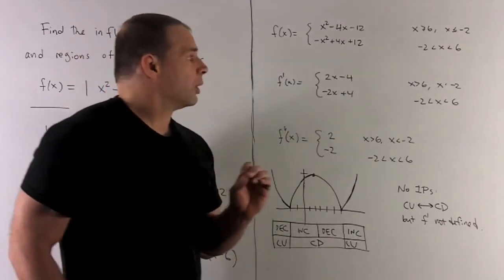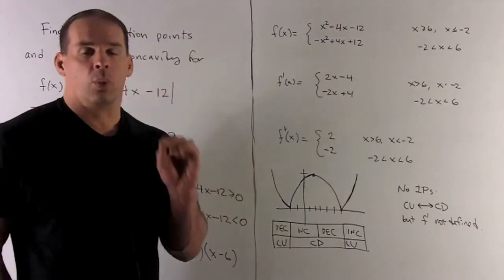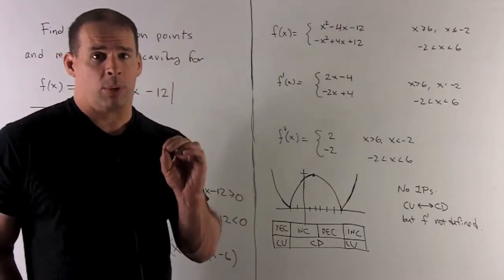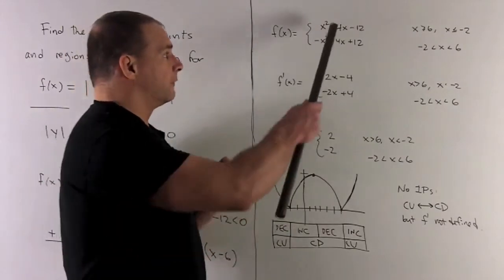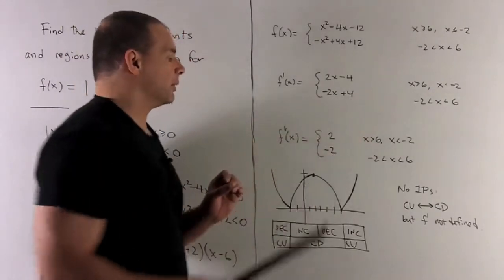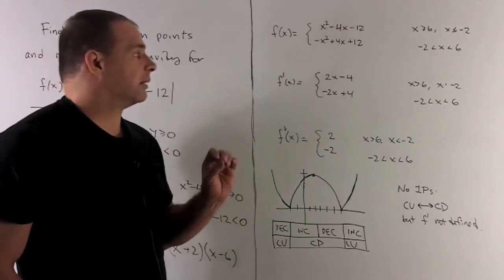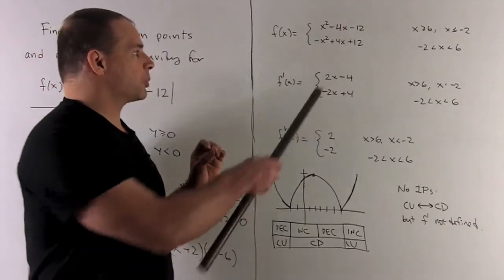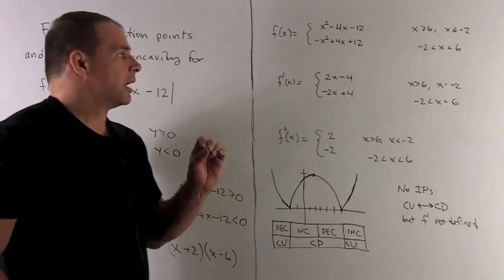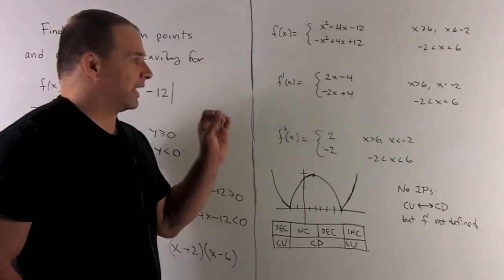Now, you'll also note we're going to have two other critical points where we're at our breakpoints. So that's where the two functions, where the regions meet up. So for instance, at minus 2, let's check the derivative coming in from each side. If I put minus 2 into the first part, we're going to get minus 8. I put minus 2 into the other part, we're going to get 8.